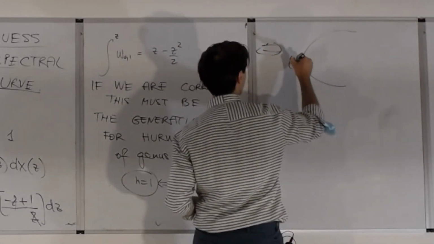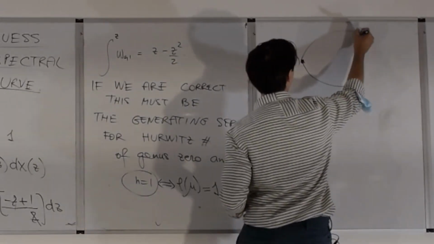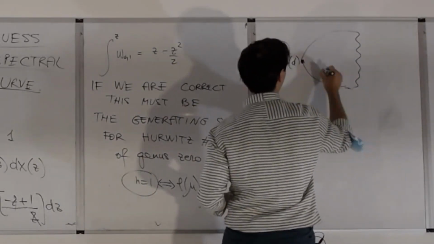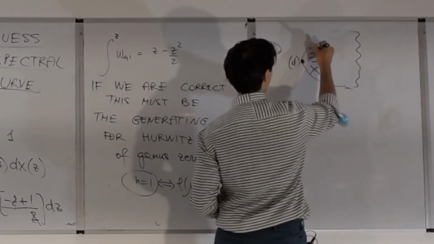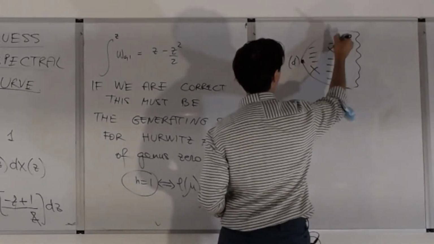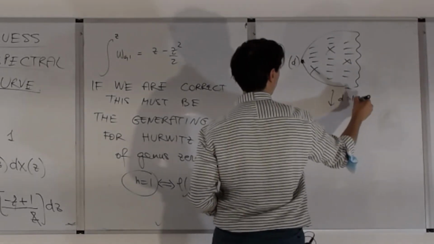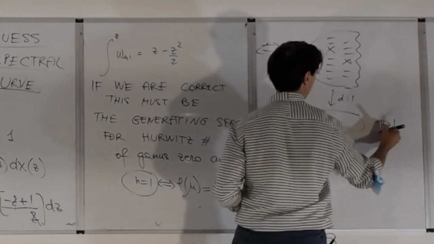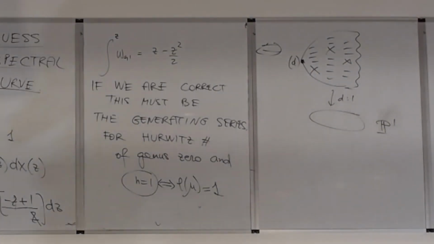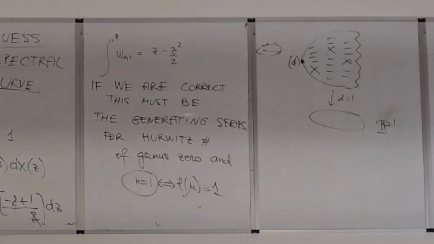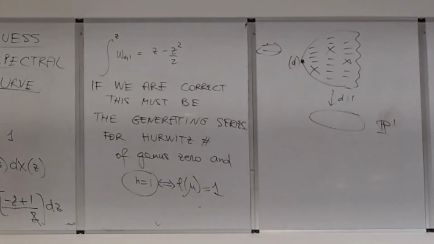This is your partition d, and here you have genus 0 and some simple ramifications, a degree d cover of P1.